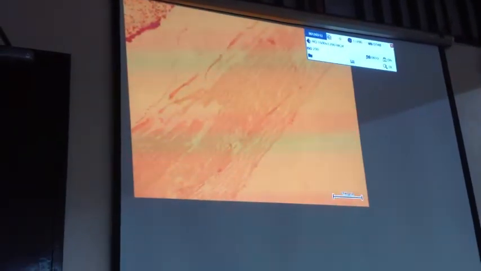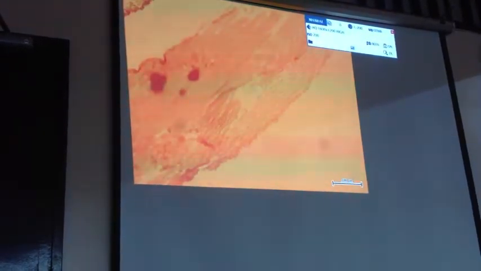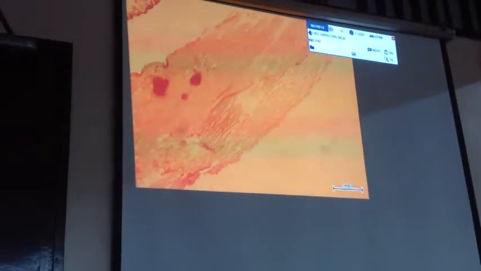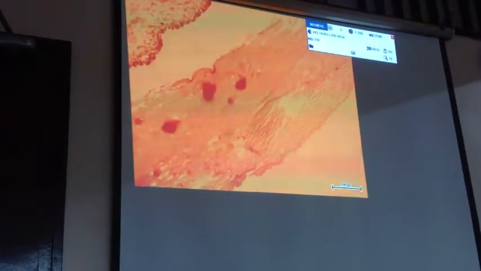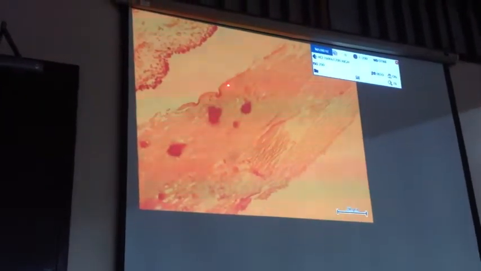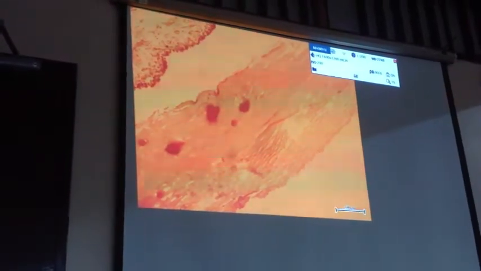Regular, because of the parallel arrangement of the collagen fibers. Opposite the stratified squamous epithelium, on the other side, is what type of epithelium? Simple squamous epithelium, also called the corneal endothelium. The endothelium rests on a basement membrane, specifically called Descemet's membrane.